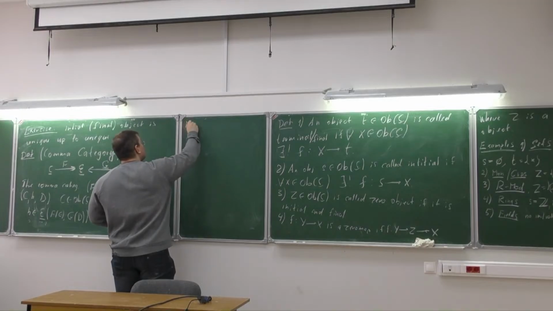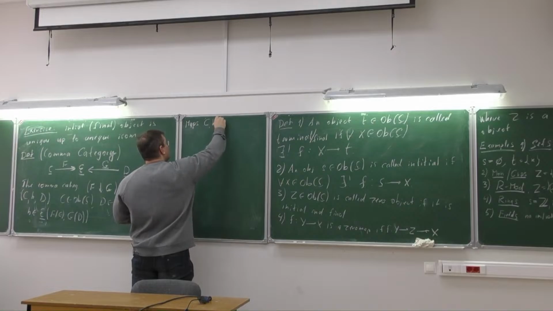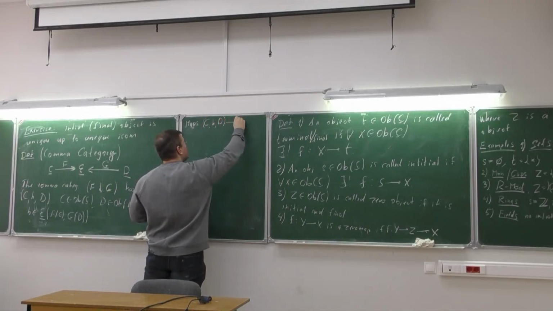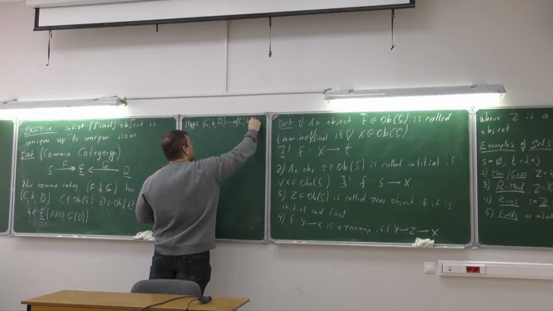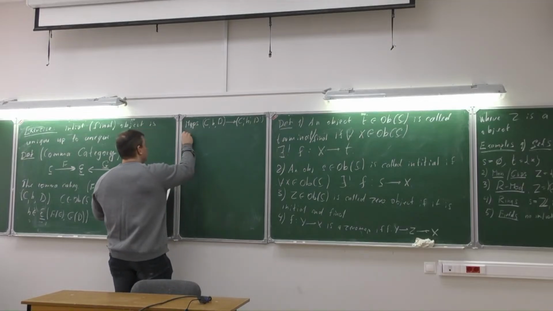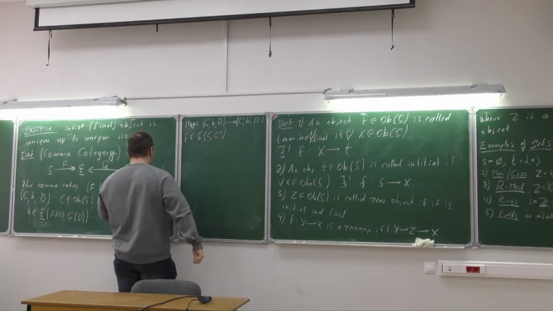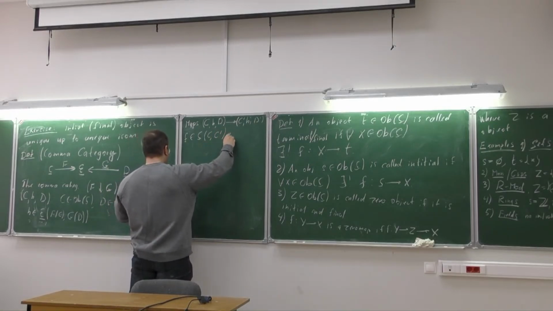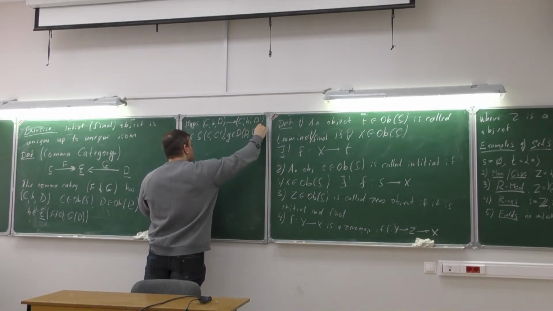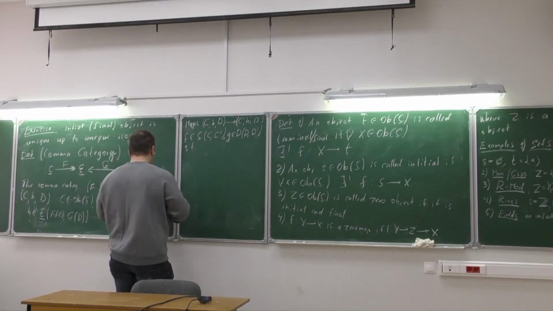And the maps from one triple (C, H, D) to another triple (C', H', D') are just two maps: f that lives in C between C and C', and g, a map in the category D from D to D', such that the following square is commutative.